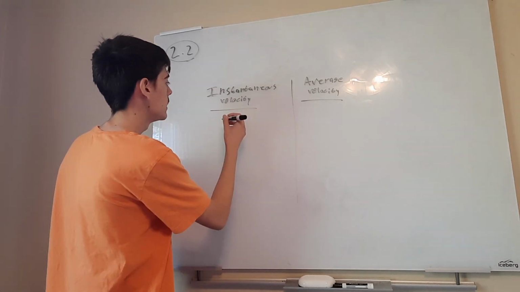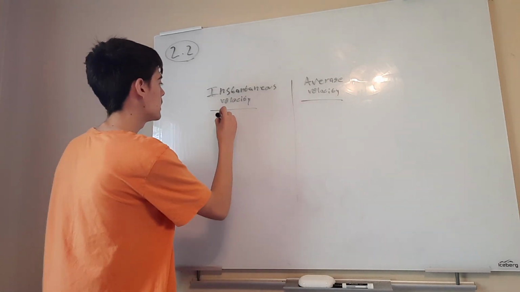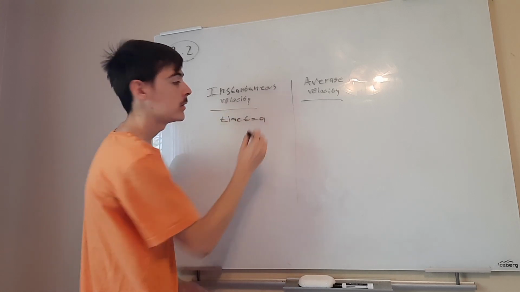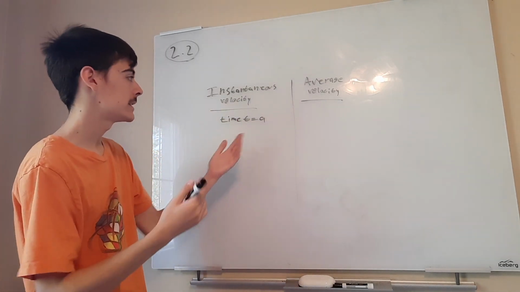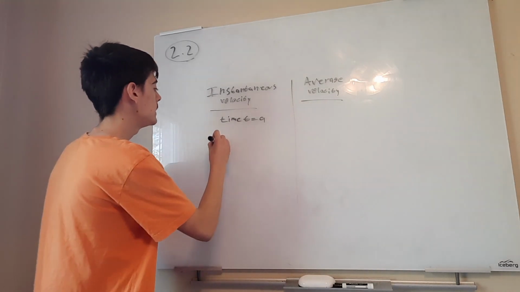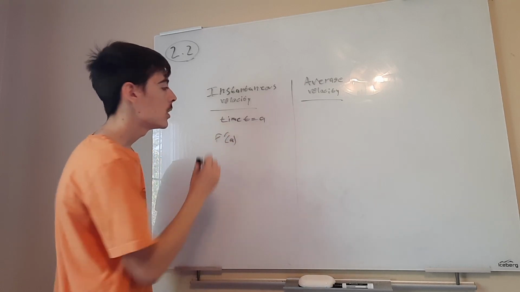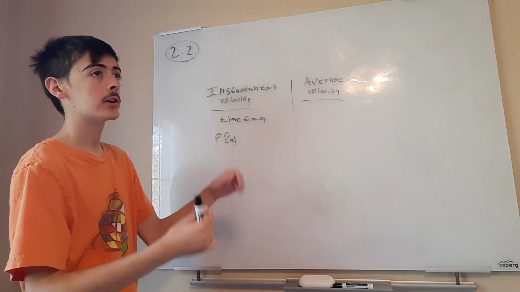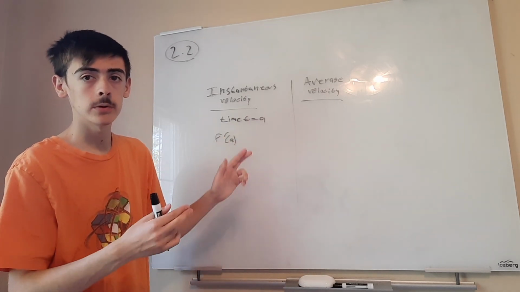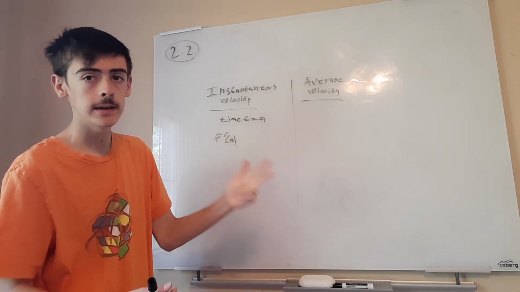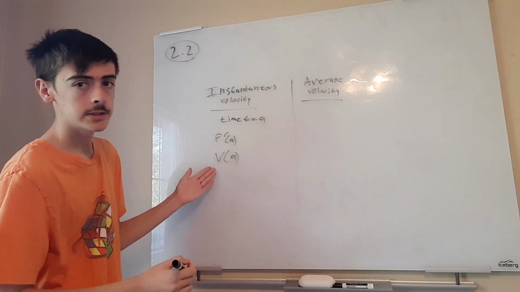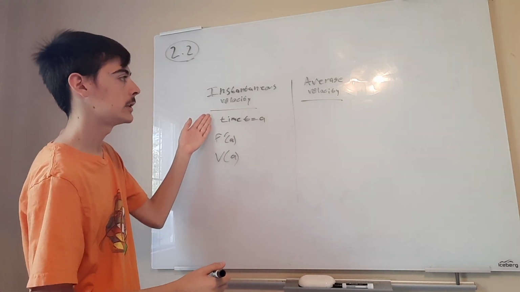So let's just say, to generalize this kind of thing, it will be at time t equals a, whatever value a is. So to find the instantaneous velocity at time t equals a, it would be f prime of a, or if we're talking about the new ways I represented the derivative for you earlier, the x of t, v of t, a of t stuff, it would be v of a. So you plug a into the velocity function, and that is your instantaneous velocity.